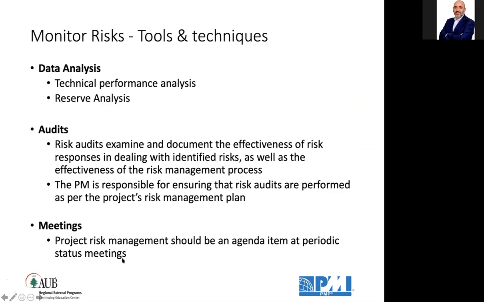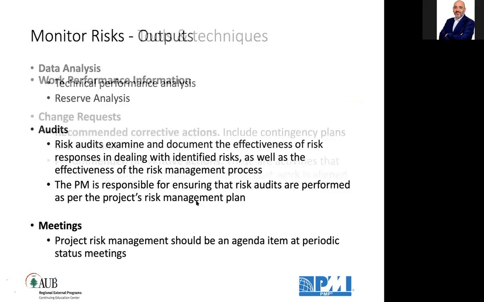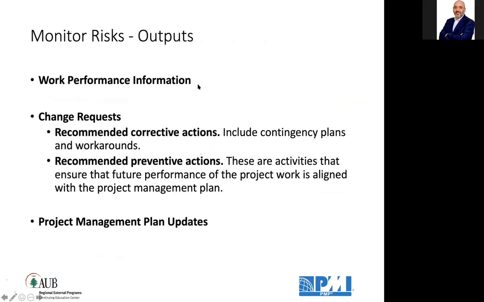Meetings, and project risk management should be the agenda of every periodic status meeting on the project. It outputs work performance information, change requests, whether those are corrective actions, including the implementation of contingency plans and workarounds.